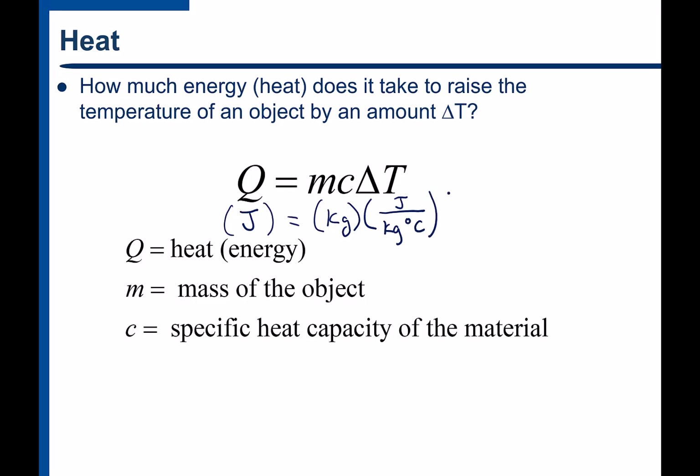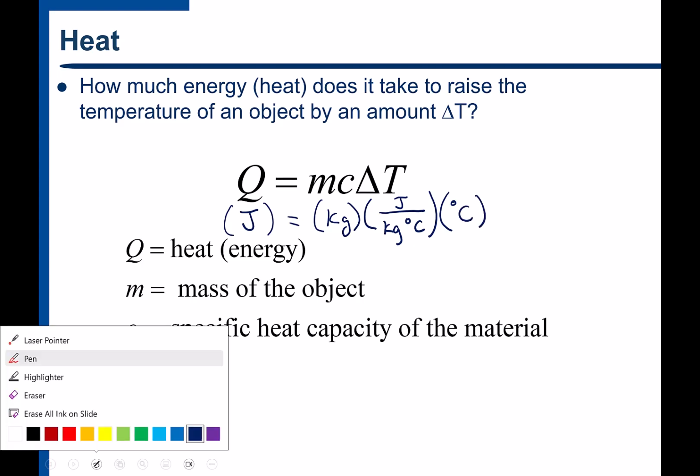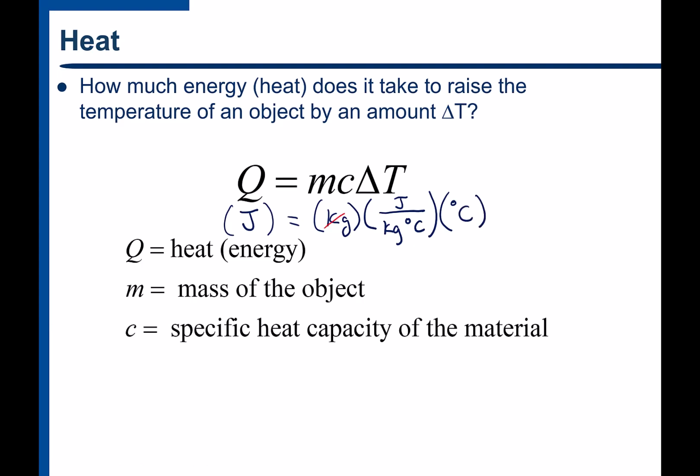And then delta T, our temperature change, is going to be in degrees Celsius as well. And so you'll notice that kilograms cancels with kilograms, degrees Celsius with degrees Celsius, and we're left with joules on the right-hand side. So at least from the point of view of units, that formula makes sense.